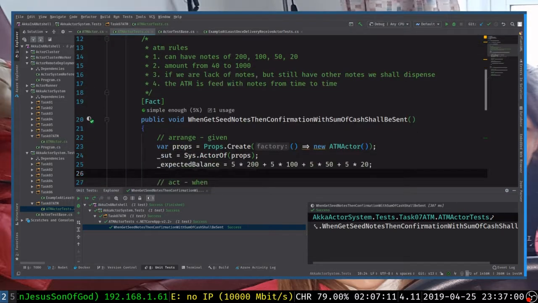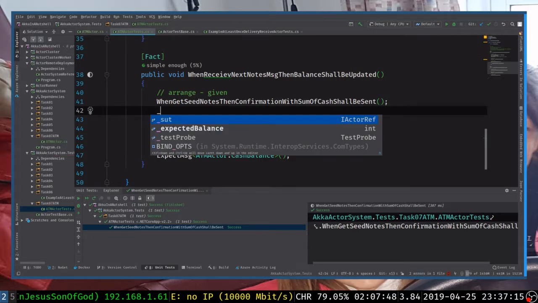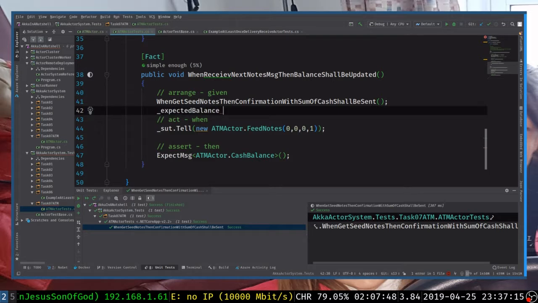Okay, so now we have our expected balance at this particular value equals plus 20.